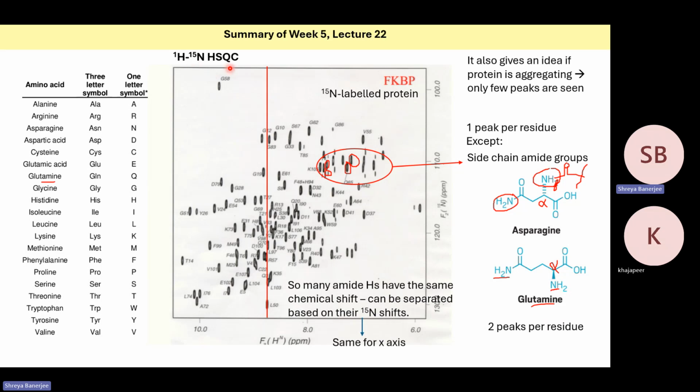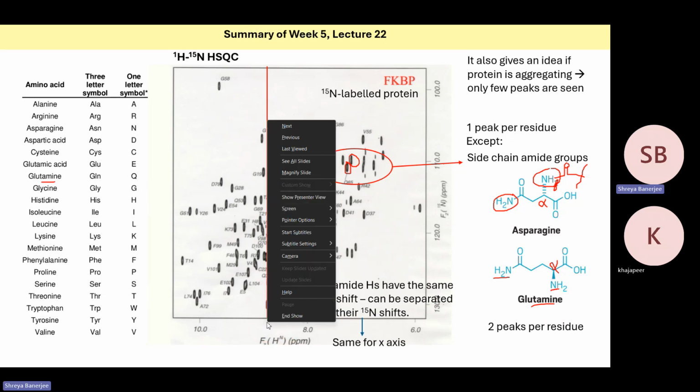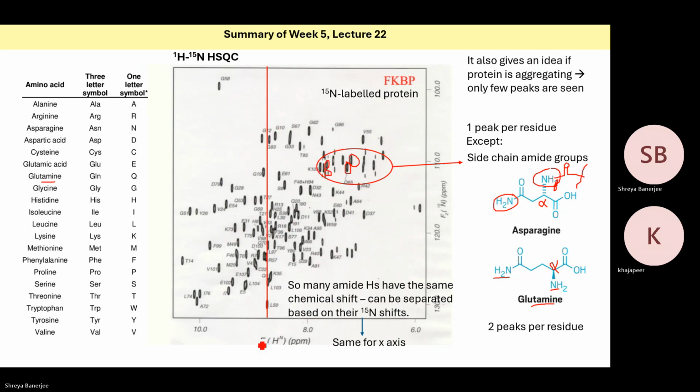So basically, the advantage of this HSQC is this. Suppose I am drawing one line like this along the y-axis. This value is basically the chemical shift of the amide proton.